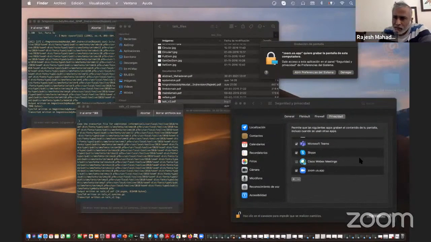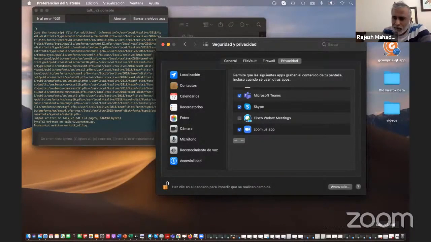Just a minute. I can't see the chat box. Can you see it? Let me see. How do I expand it? Maybe you can unshare your screen if you want.